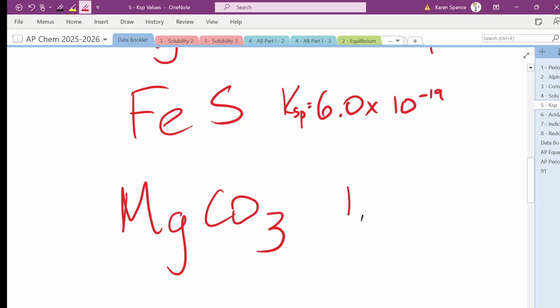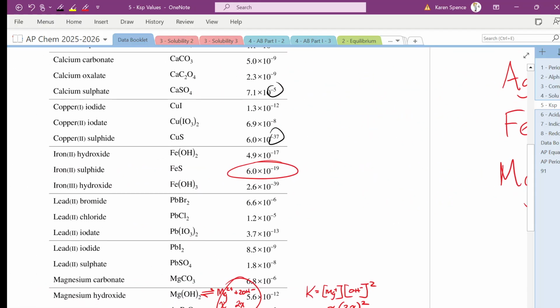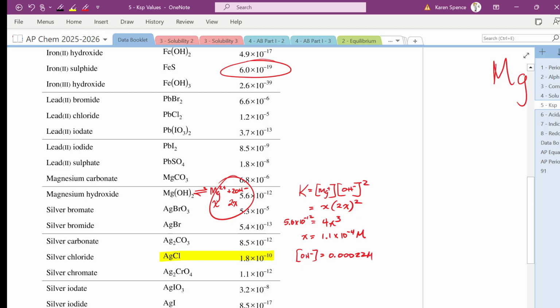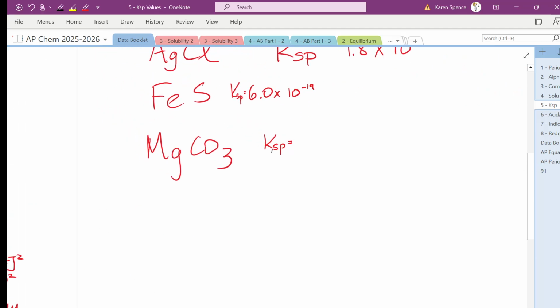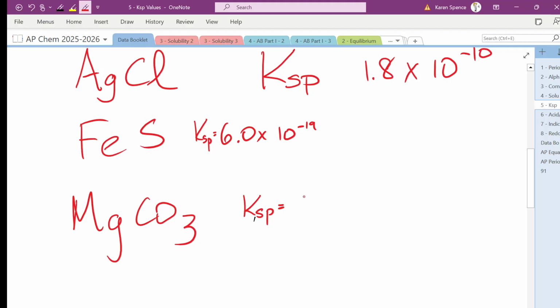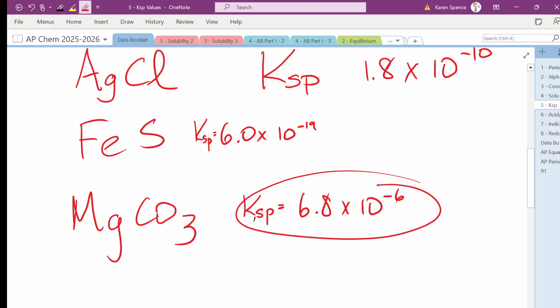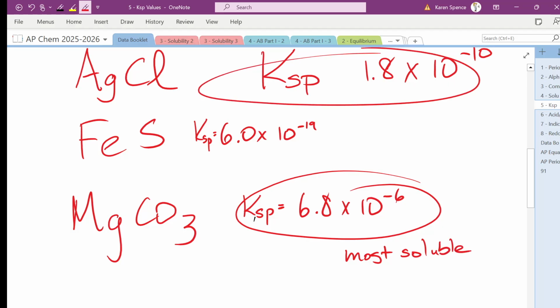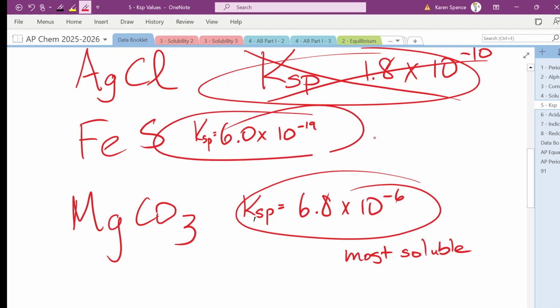And for MgCO3, magnesium carbonate, 6.8 times 10 to the minus 6. So who is the most soluble? Yeah, so this is the most soluble. This is the, nope, that's the medium solubility. This one is the least soluble.